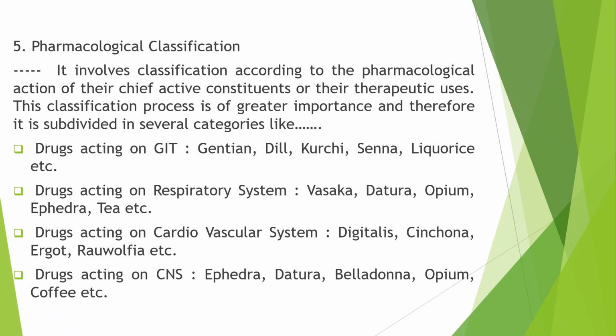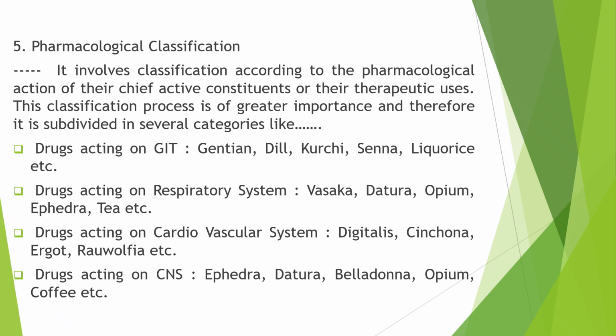If I discuss, it starts with drugs acting on GIT. In this case, drugs like gentian, deal, kurchi, senna, liquorice, they all have a positive therapeutic effect on the gastrointestinal tract in their own way, through different mechanisms.